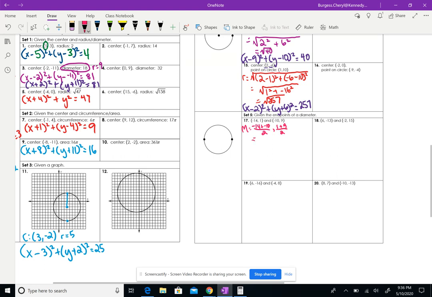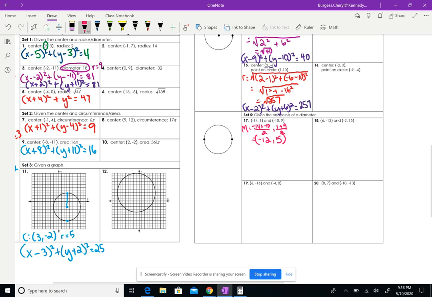Negative 20 divided by 2 is negative 12, right? 10 divided by 2 is 5. So this is our center. Oh, we still have to find the radius, darn it.